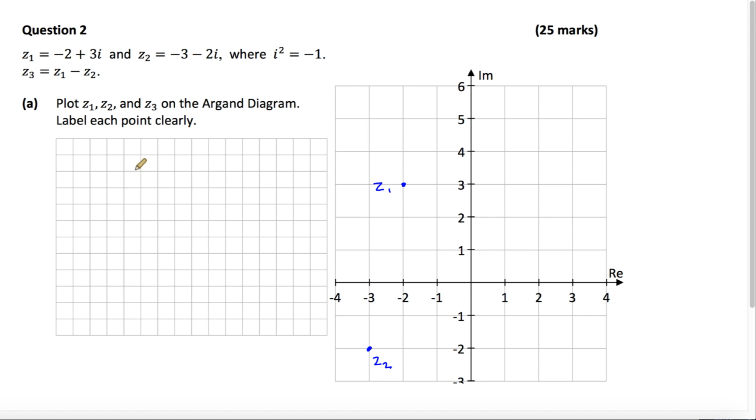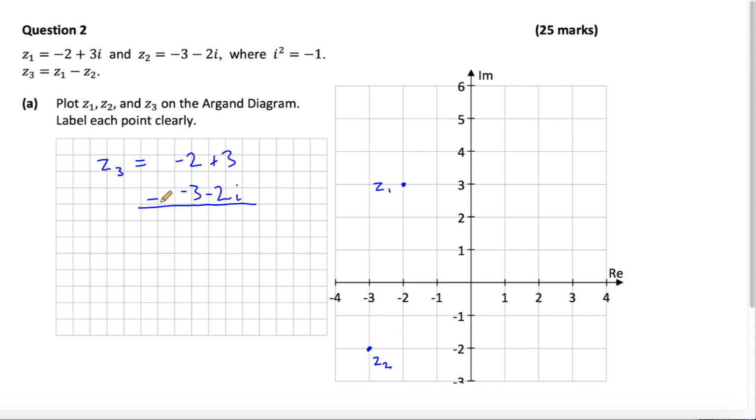And Z3 is equal to Z1 minus Z2, so Z1 and then subtract Z2. So if we subtract vertically, it's a bit easier to avoid mistakes.